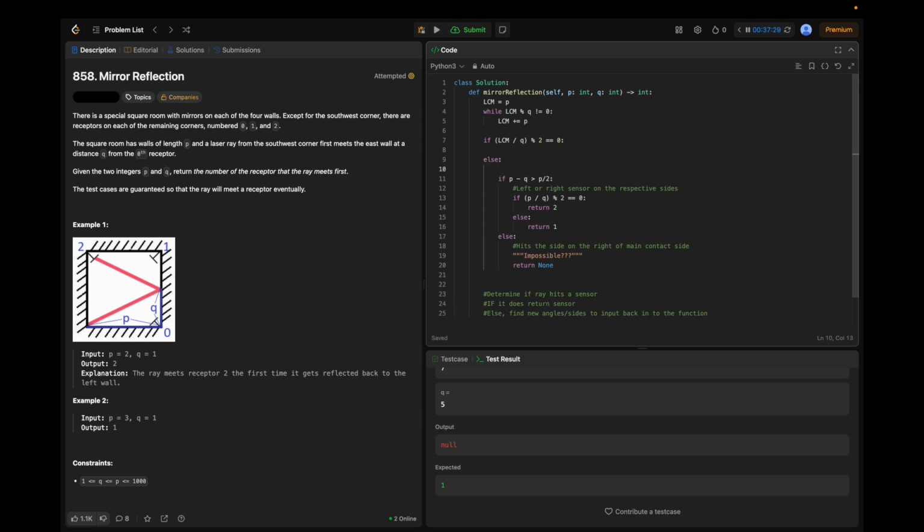Else? Okay. So if it's an even number, right, then it'd be, let's say 4 and 2, or 2 and 8, 1, 2, 3, 4, 5, 6, 7, 8. Yeah, then it's gonna hit the bottom side.